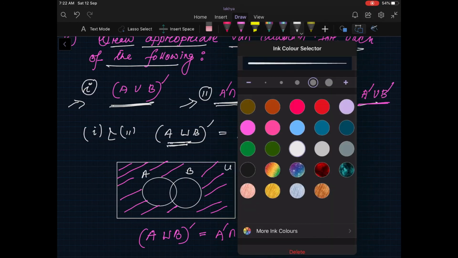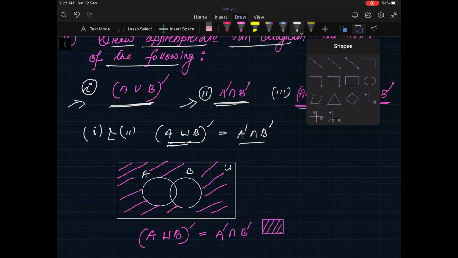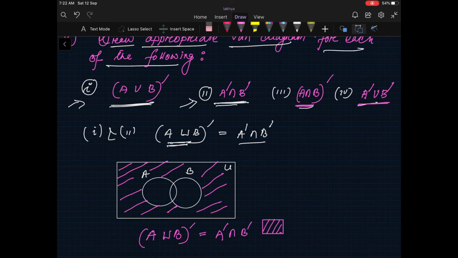So let me draw the Venn diagram, using white color.